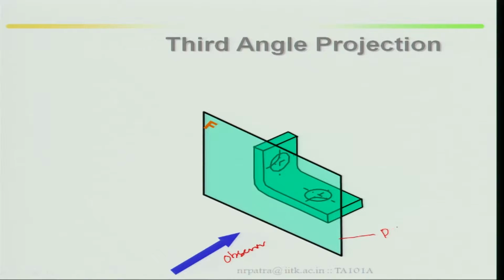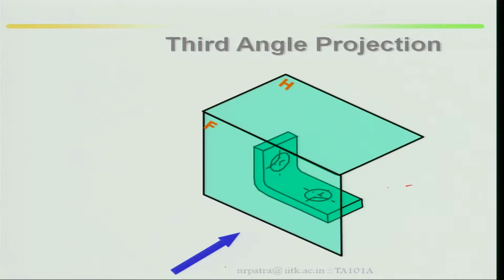This is your observer, then the picture plane, PP, then this is your object, as I said. Then this will be your frontal plane. With respect to your frontal plane, this is your horizontal plane. Then for the side view, this is your profile plane, this side and other side. Then look at how in the frontal plane the object has been projected.